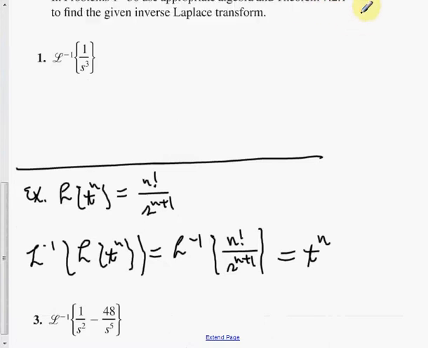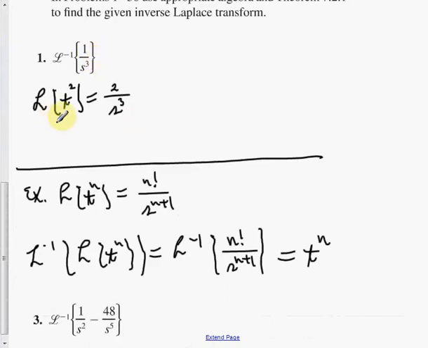When you look at this, you want to first think, where is this coming from? If we recall the Laplace transform of t squared, this is 2 factorial, which is 2, all over s to the third. But the problem we have here doesn't have a 2 there, just 1 over s to the third.